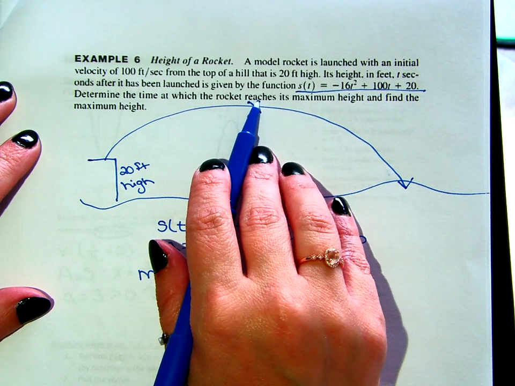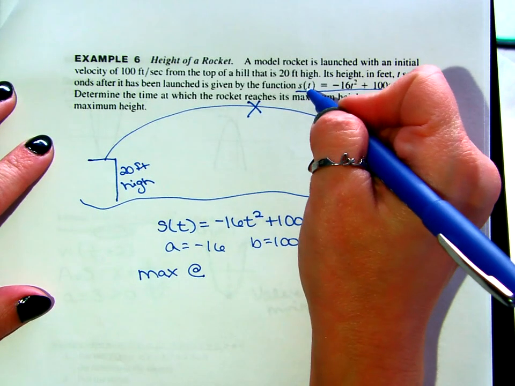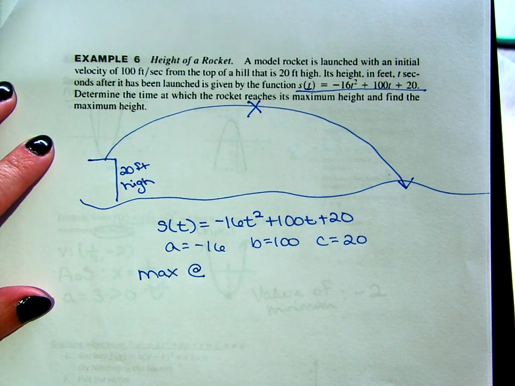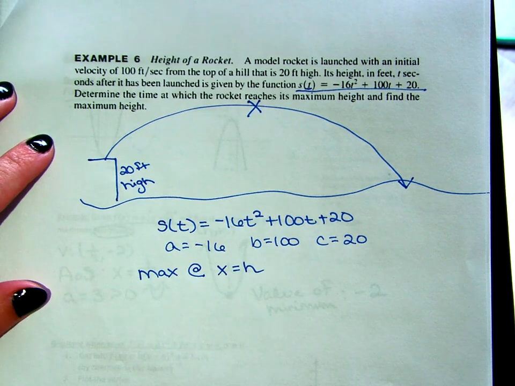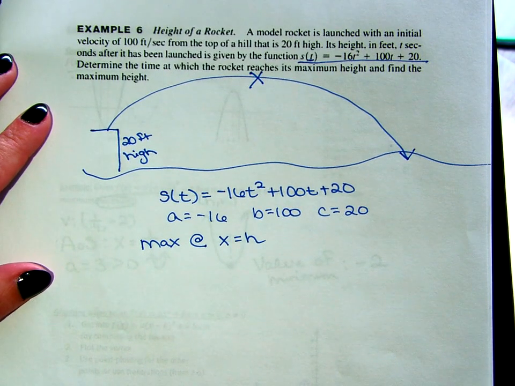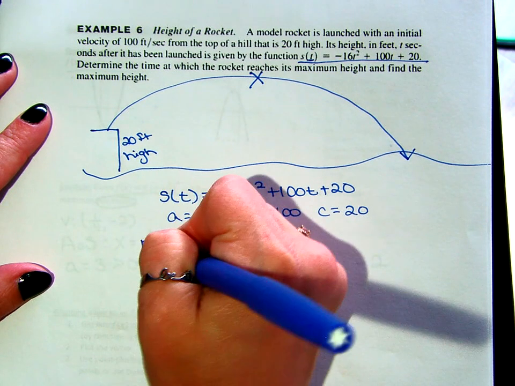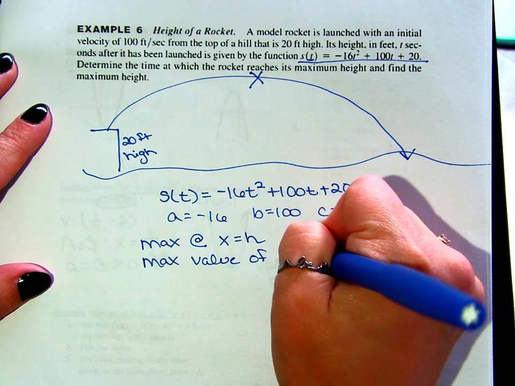That's our time. Notice that t lives inside the function, because that's the x value. So that's going to be the first thing we find. And then we have a max value of our y. So we are finding that vertex.